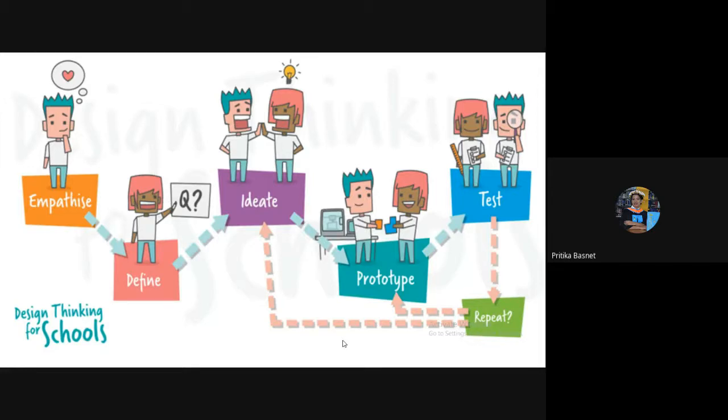Before the empathy phase, we need to have a broader or abstract problem or area where we want to implement design thinking. For example, environment pollution can be the broader abstract problem, and individuals would have different contextual problems in their own area or locality.